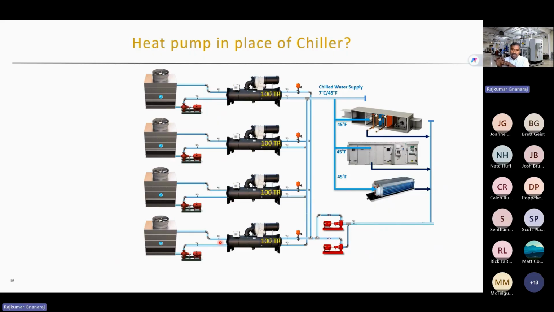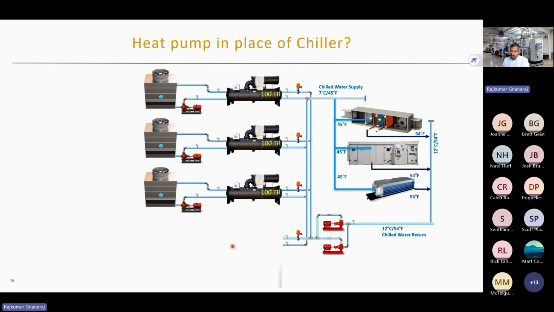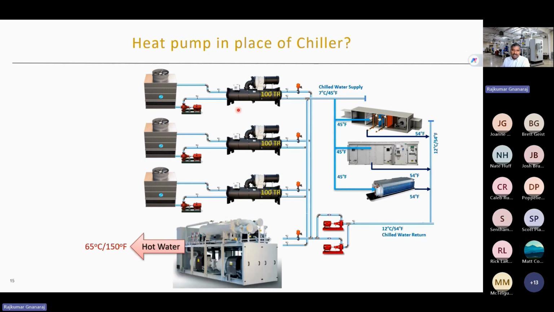If we know during the design stage what the simultaneous heating load and cooling load are, then instead of going for 4 chillers, we can go for 1 heat pump followed by 3 chillers, because the heat pump can generate chilled water as well as hot water.